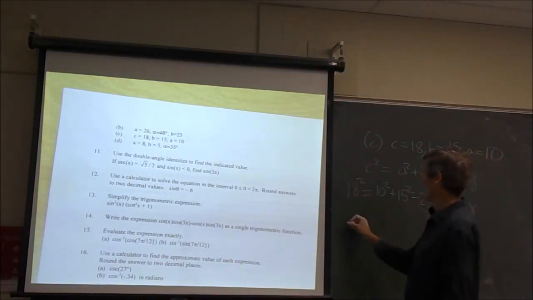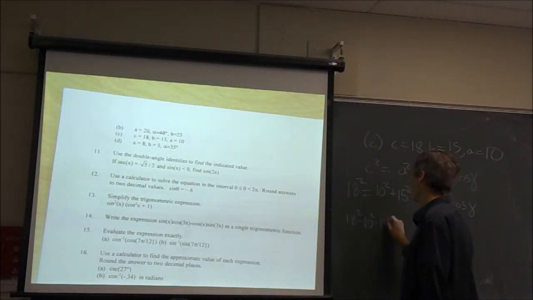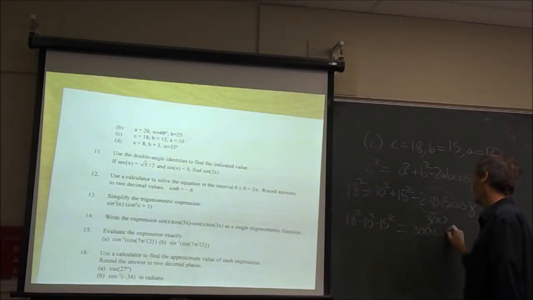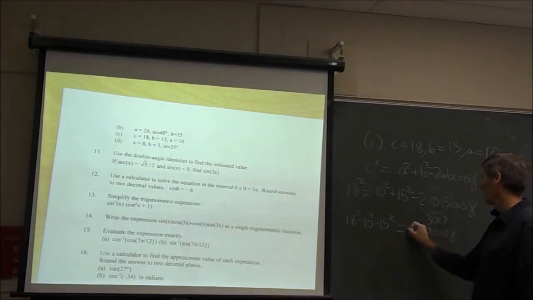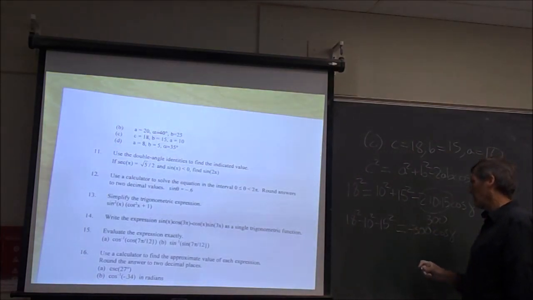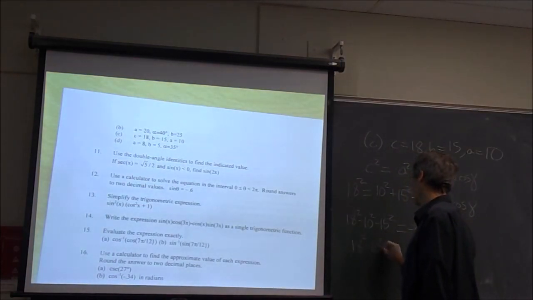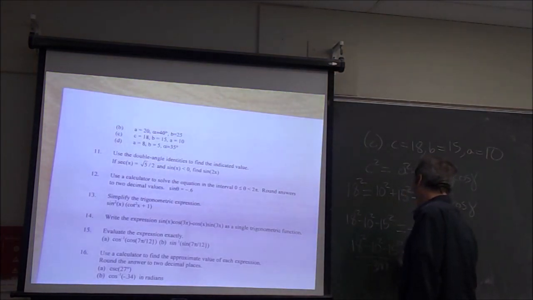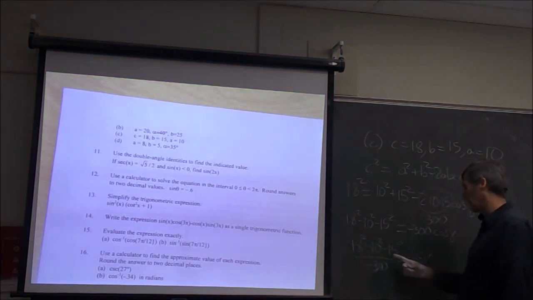I can take 18 squared minus 10 squared minus 15 squared equals minus 300 cosine gamma. Divide by minus 300 and get 18 squared minus 10 squared minus 15 squared all over minus 300 equals cosine gamma.